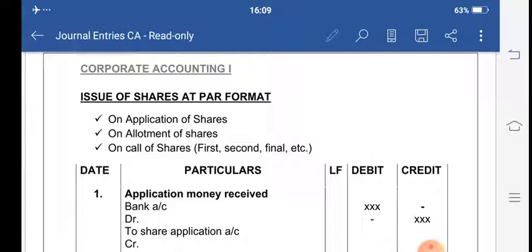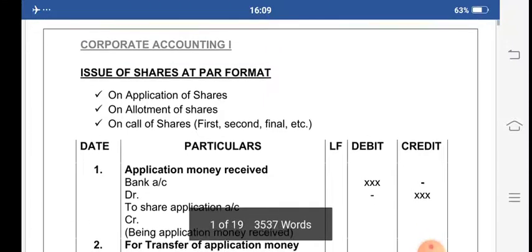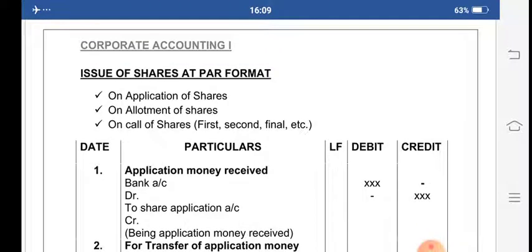How does this ABC company collect this 10 rupees from the public? This 10 rupees is bifurcated into three ways: on application of shares, on allotment of shares, and on call of shares.